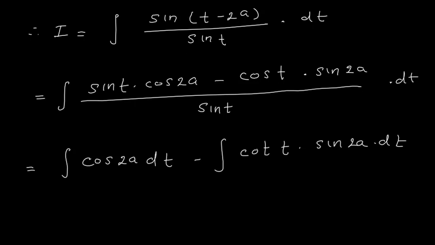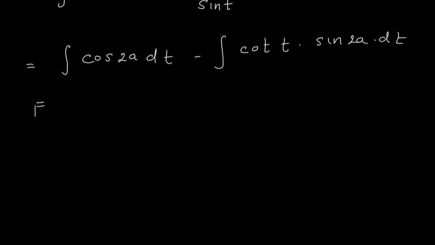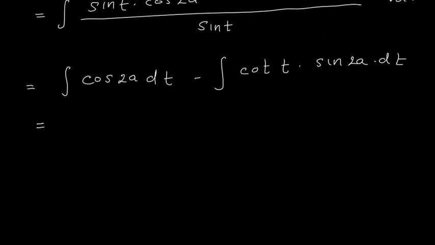Now this is equal to the integration of cos 2a. So cos 2a is a constant, you can take it out. So write cos 2a into the integration of dt, which is what?